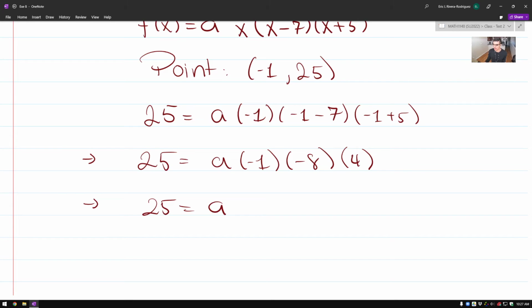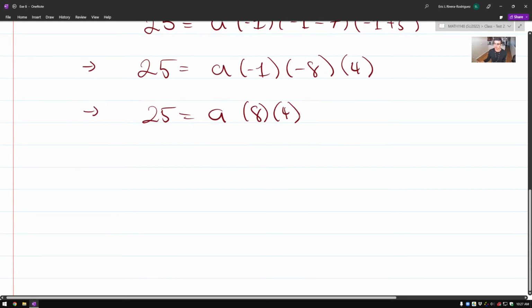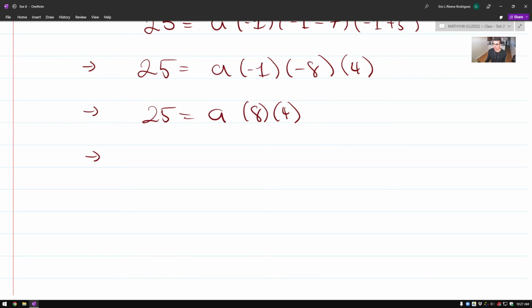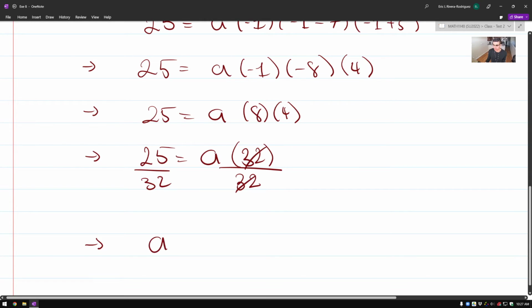Negative 1 times negative 8 is positive 8. 8 times 4 is 32. We divide both sides by 32, and we get that the value of a is equal to 25 over 32.